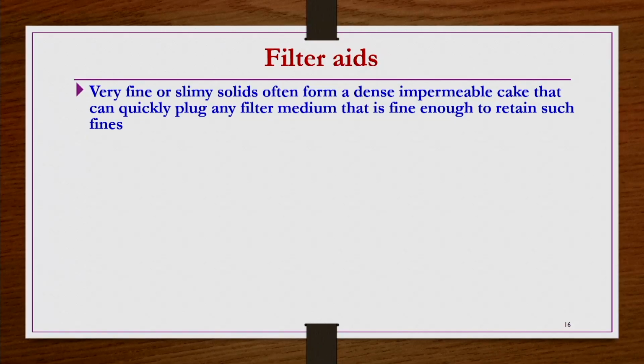The other is forming a pre-coat layer on the filter medium before the start of the filtration process. Okay, either of them is possible. So in general, very fine or slimy solids often form a dense impermeable cake that can quickly plug any filter medium that is fine enough to retain such fines, right.